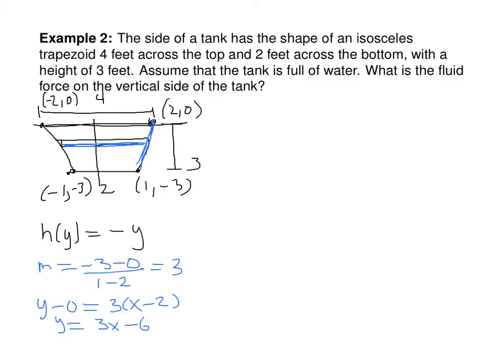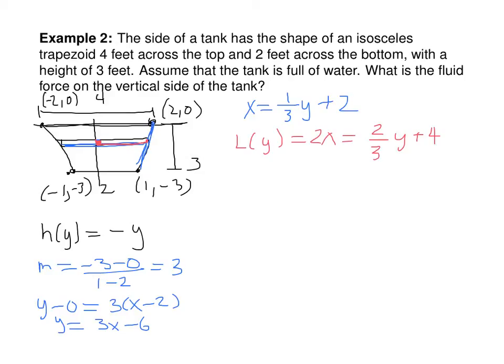If we solve that for x, we end up with x equals 1/3 y plus 2. Now 1/3 y plus 2 tells us the distance from here to here. So my length function, L of y, will be twice x, or 2/3 y plus 4.